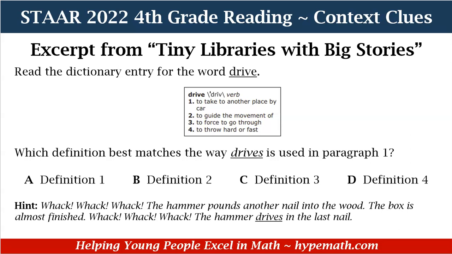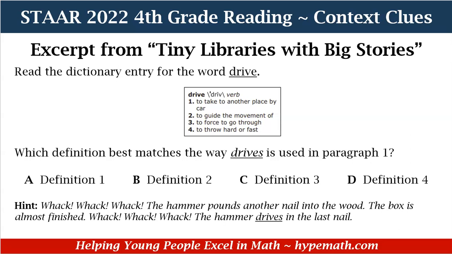So think about, and this is how you could use schema too. Have you ever seen someone use a hammer to drive in a nail? What are they doing? They're forcing it to go through something. Yes. And looking at the last definition, to throw hard or fast. Well, no, we're not throwing anything. So based on our context clues, and you see how I use schema, because I thought about, well, have I ever saw someone hammer in a nail?